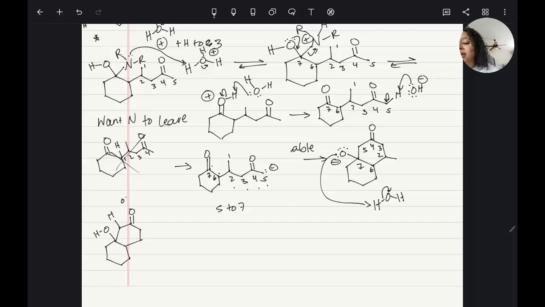So it's basically like an E2 that we learned in the first semester. And the driving force, because OHs are not good leaving groups, is that alpha beta unsaturated carbonyl. Now I can do all sorts of other things with this alpha beta unsaturated carbonyl as we learned before, but that's kind of what's going on. All right.